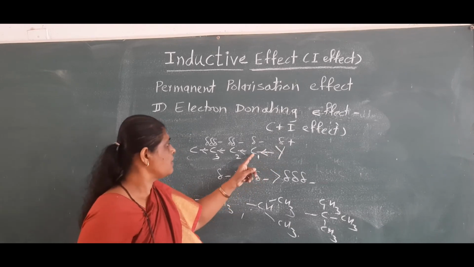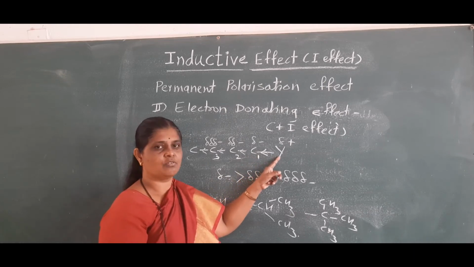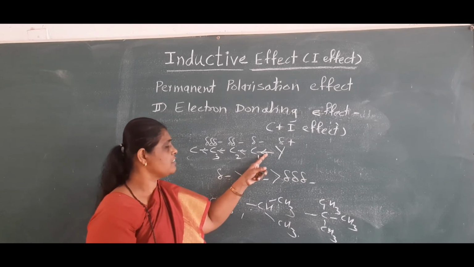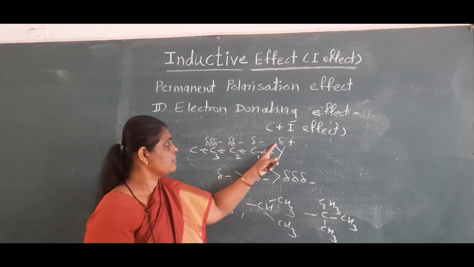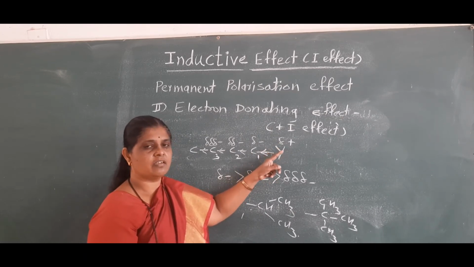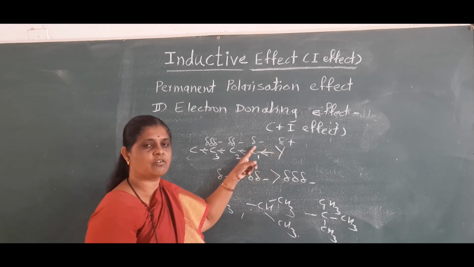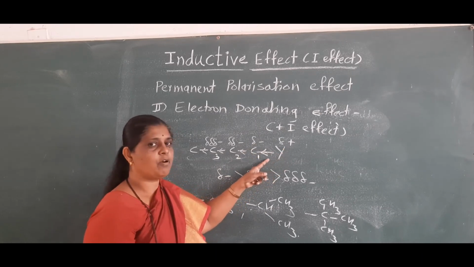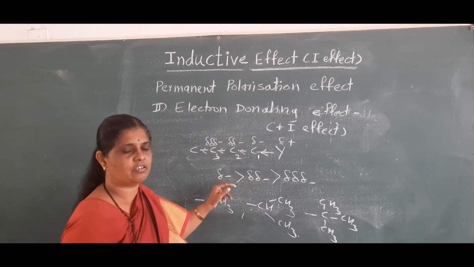In that case, carbon is more electronegative than this group, and it has the tendency to pull electron density toward itself. That Y atom is electropositive and that carbon becomes electronegative. There is a partial negative charge and there is a partial positive charge. Such donating effect is known as electron donating inductive effect.